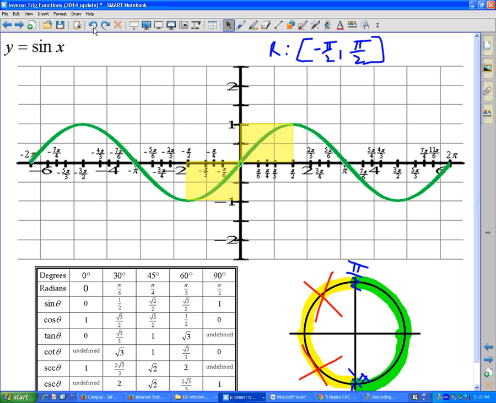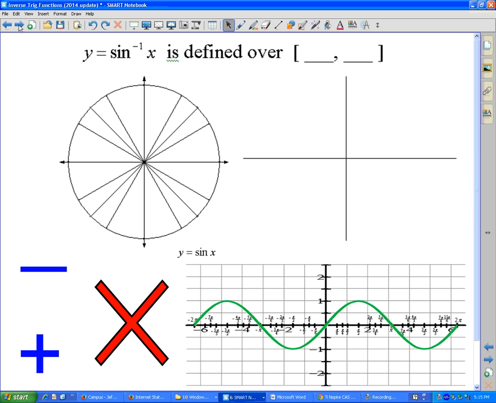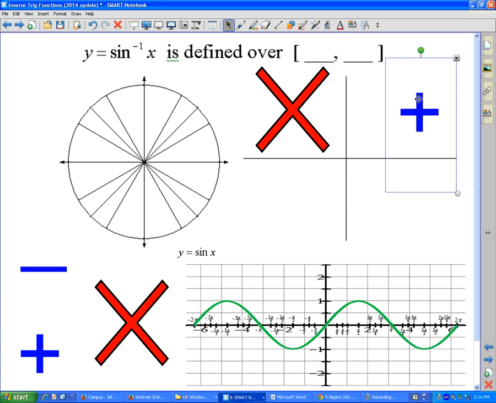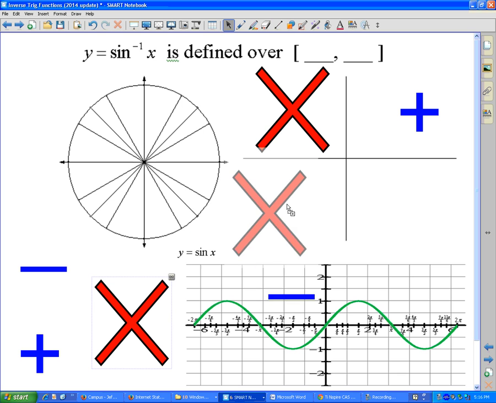We use quadrant 4 and quadrant 1, but it's connected from negative pi over 2 to pi over 2. And that's what this discussion is about right here. We're just summarizing it. We can't use quadrant 2 because we've already gotten all our positive ratios from quadrant 1. I could get negative ratios from quadrant 3, but we don't like that because it's not continuous.